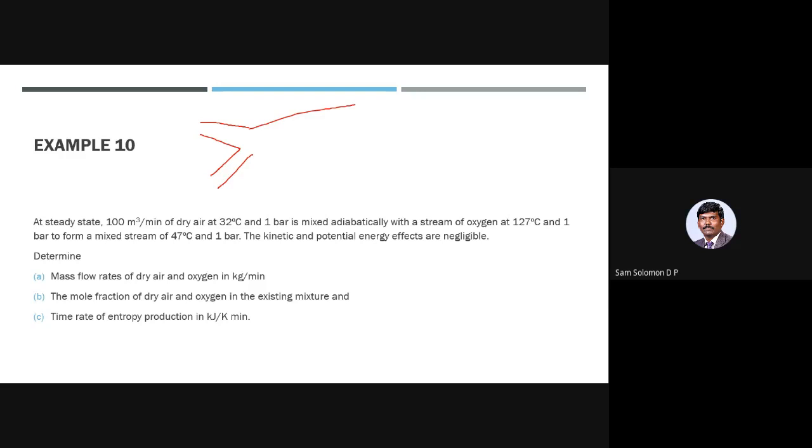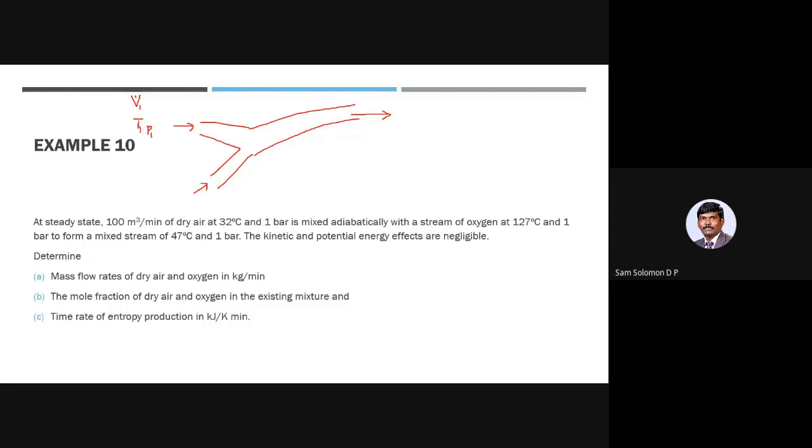So you have two entries and one exit. Okay, and what they are saying is the dry air is entering, or it is having a volumetric flow rate of 100 meter cube per minute, so that is V1 dot, and the temperature at the entry is given, and the pressure at the entry is given.